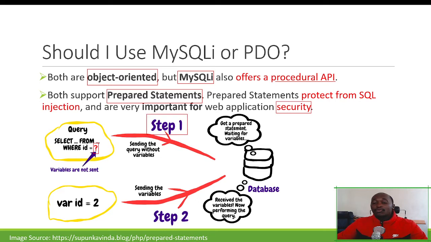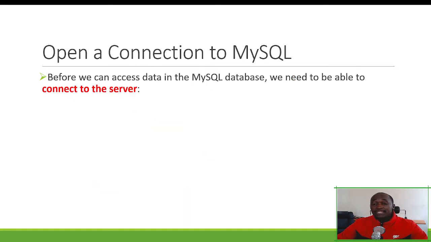You send the query to the DBMS, then the DBMS awaits the variable, and therefore you have to send a specific variable, which really cannot be another MySQL statement, and that ensures that attacks such as MySQL injection cannot succeed. So that's why prepared statements are very important in improving the security of your web application.